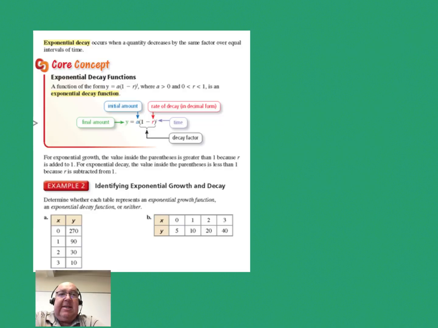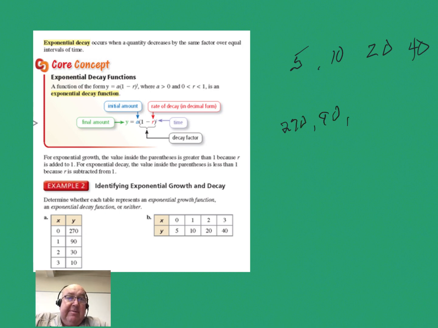Here it's asking us explaining decay. In decay, we subtract a rate. It goes down by a number. So we look at the two tables here. I'm just going to write out the numbers for table B first, or the y values, because we can see that our x values change by 1 every time on both tables.